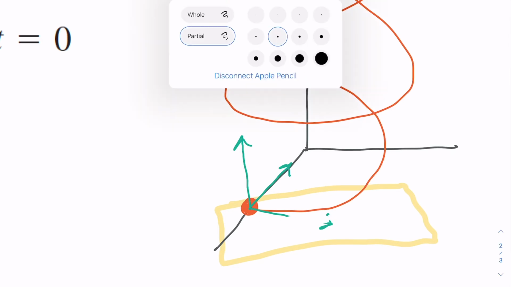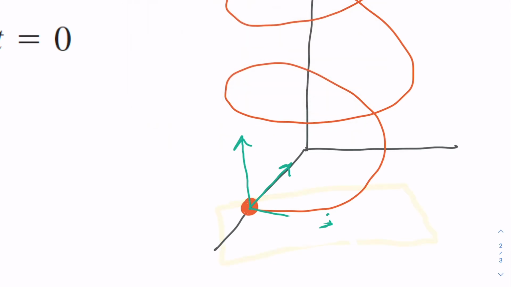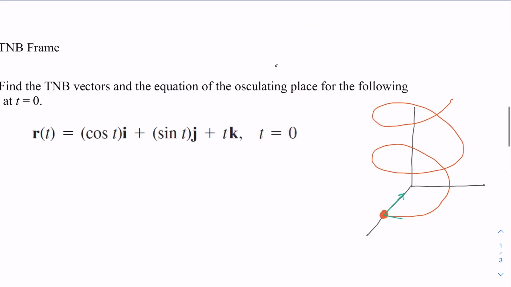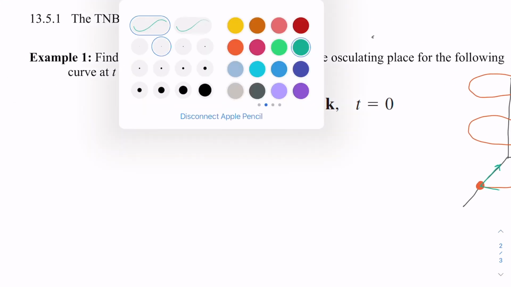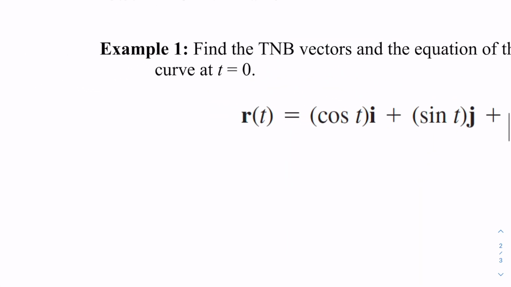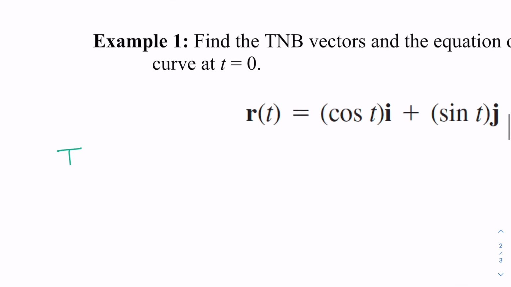So these are my predictions. Let's do the actual calculations right now. Remember, to find the unit tangent vector, that is going to be the velocity function divided by its magnitude. So let's find v.